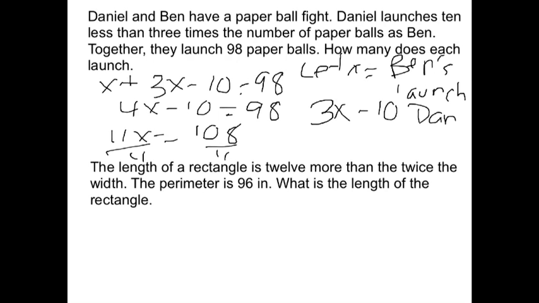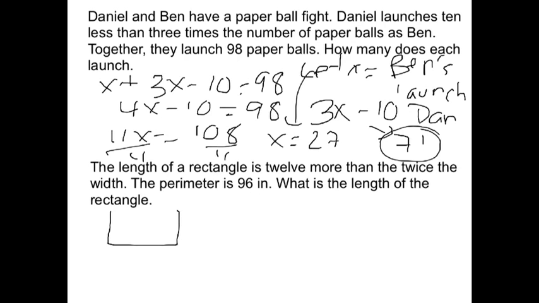Divide by 4. X equals 27. So I know that Ben launches 27 paper balls, and Daniel launches 3 times 27 minus 10, or 71. If I add 71 plus 27, I get 98, so I know that I'm correct.